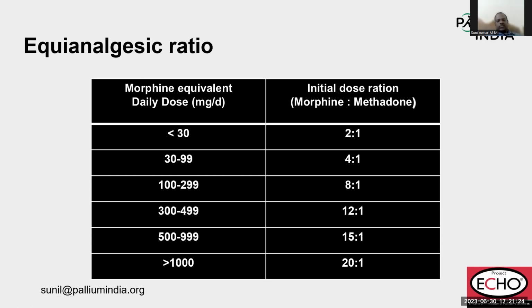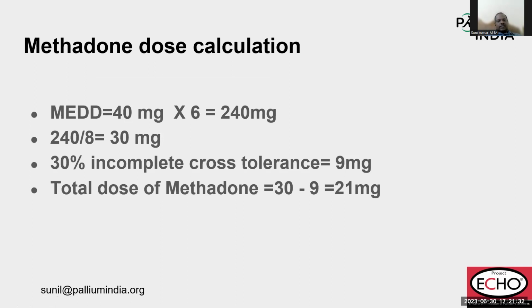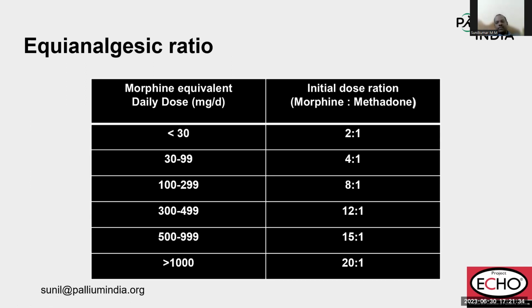So we also took this equianalgesic table and converted our patient's morphine into methadone. She was taking 40 milligram 4 hourly. So what is the total dose of morphine she was consuming? Forty milligram 4 hourly, what is the total dose?